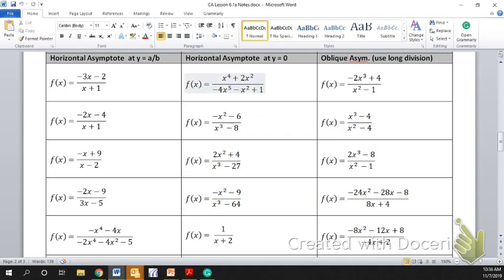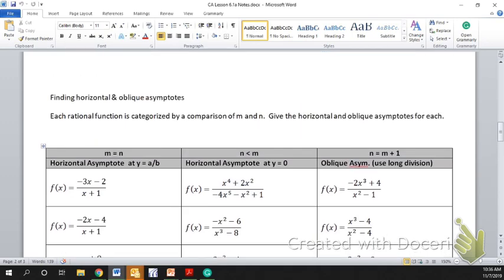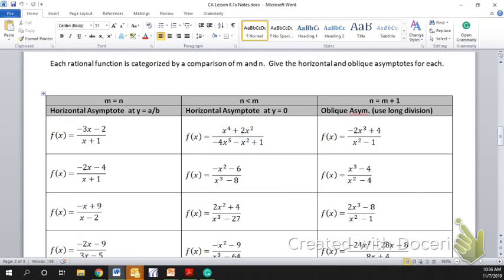So here it just says y equals 0. I must have copied off the old one for you and didn't print the new one.